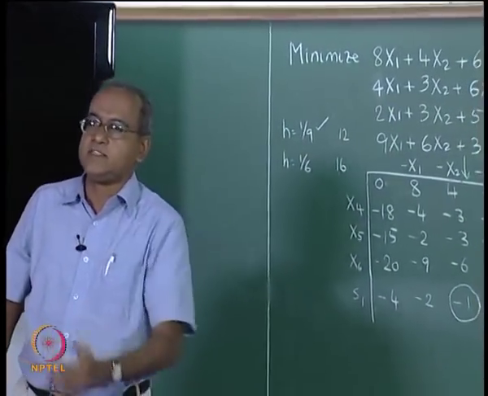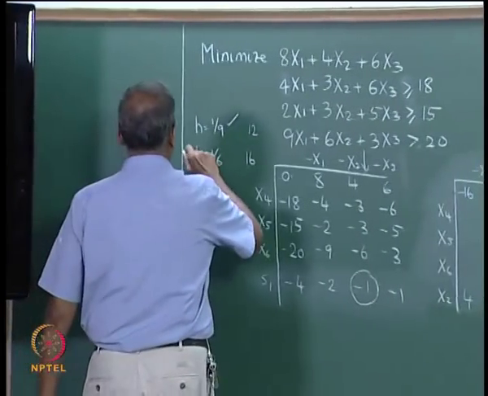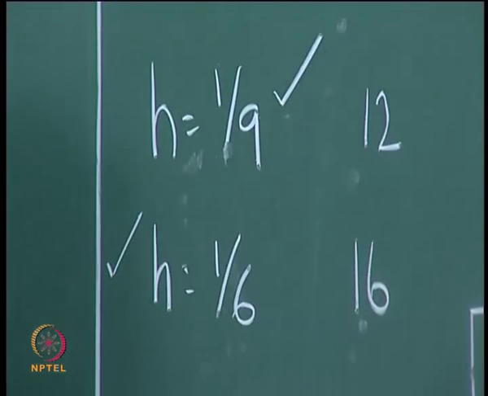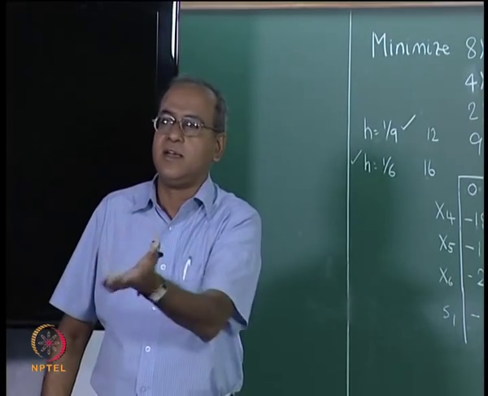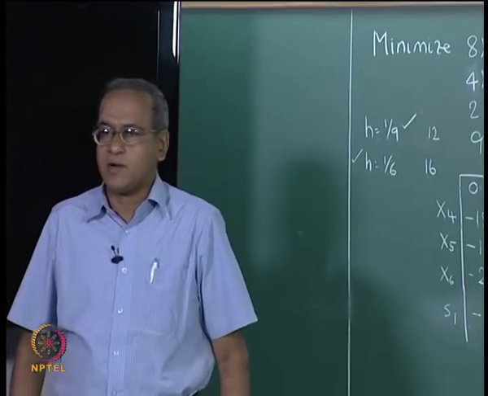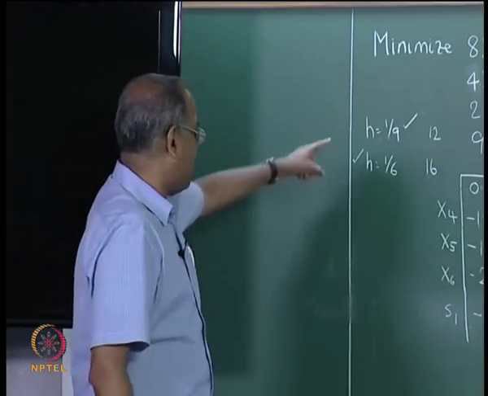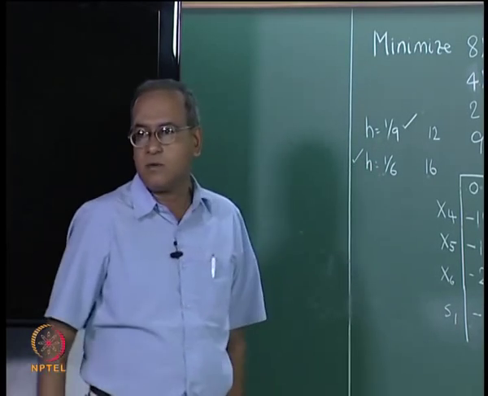So, it is advantageous now to look at h is equal to 1 by 6, so that we get into that 16 rather than 12, because it is like using the largest increase rule in linear programming. So, compared to 1 by 9 we could now pivot on 1 by 6.